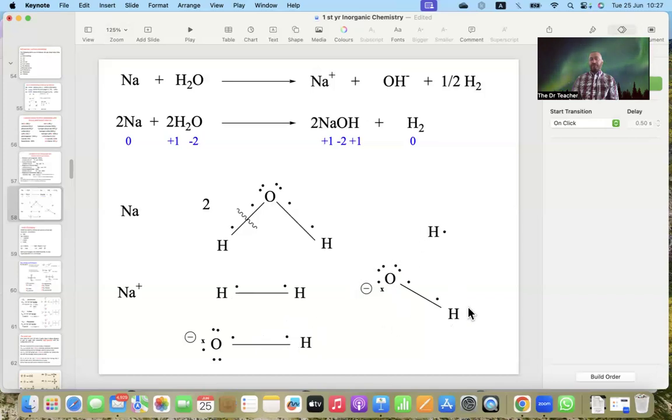and left with OH. So here, if you see, the oxygen has how many electrons? 8. And the hydrogen has 1 electron. So here we have 1s2, 2s2, 2p4.